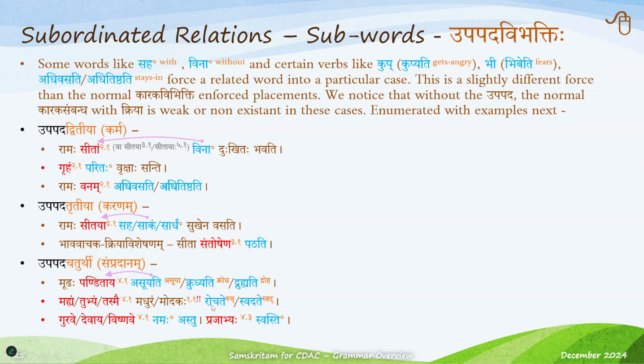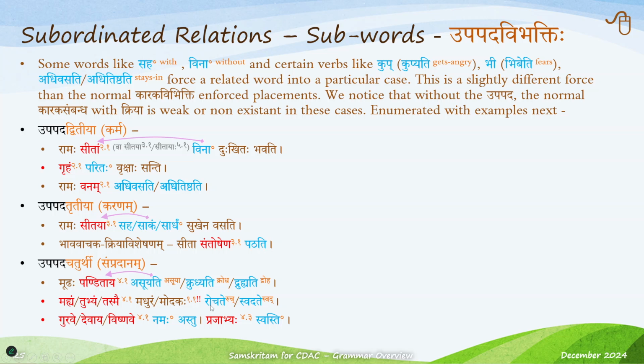Ramaha Sitayai pushpam dadati. That one is a normal karaka force. Chaturthi, the normal karaka force, Sitayai. She is the recipient of the pushpa, so she goes to Chaturthi in the sampradana karaka force. Your example was a normal sampradana example.